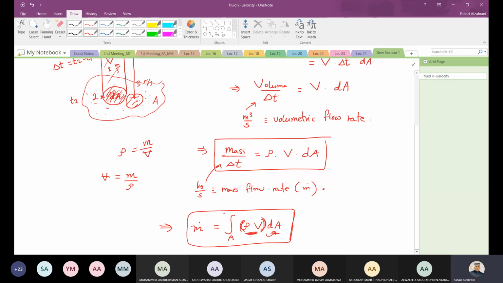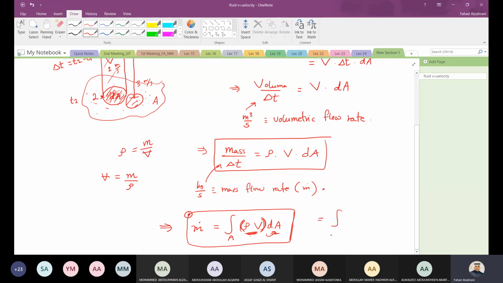All right. So don't worry about it. We will not go into that in this course here. So relax and don't worry. We will not be going into such things here. But this is the original concept. You need to understand the original concept that the mass flow rate is the integral over area of rho v dA.